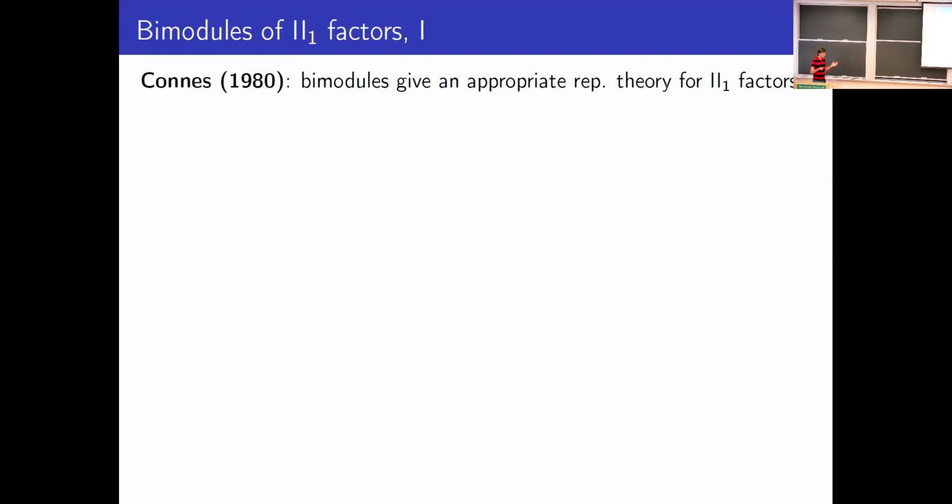There was the earlier notion of modules over II1 factors, but the modules over a II1 factor do not retain much of the information about the II1 factor. If you look at just left modules, for instance, all you can recover is the dimension of the module. But bimodules play the role of unitary representations for, say, countable discrete groups.